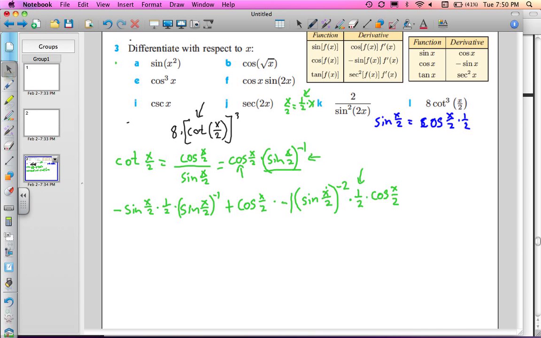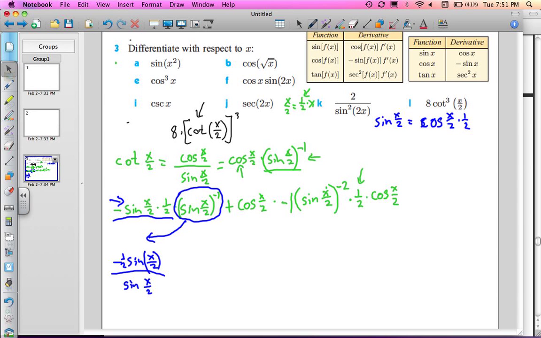Okay, here we are. Now we could start combining stuff if we want to. So remember, this ends up becoming a denominator. If I rewrote it, it would be negative sine x over 2, or sorry, negative 1/2 sine x over 2, this part right here, divided by sine of x over 2.